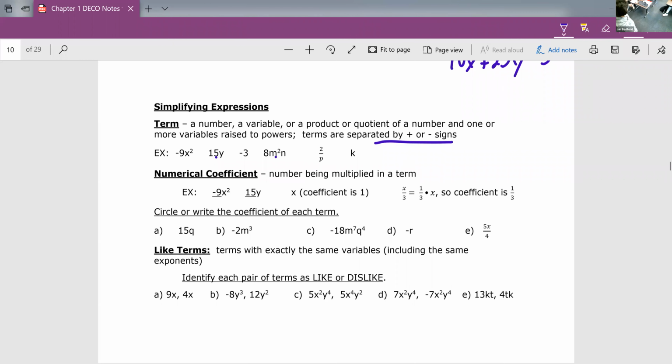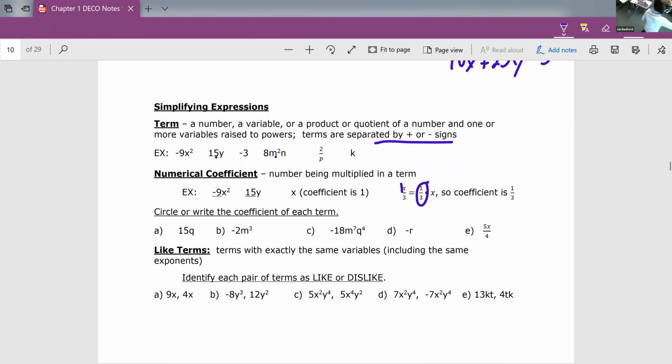Because it's understood to be 1, right? So if there's just a variable there, no number in front of it, got to remember the coefficient is really 1. Also, if I have something that's written as a fraction, remember, because there's really a 1 in front of that variable, I could pull out the 1/3 as my coefficient and then multiply it times the variable x, as long as the x was in the top part of the fraction, okay?